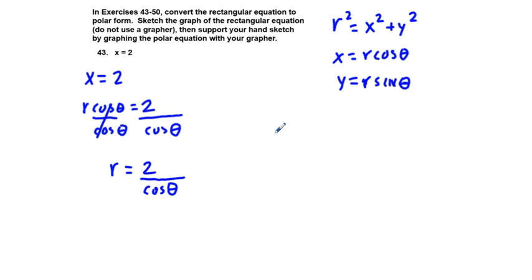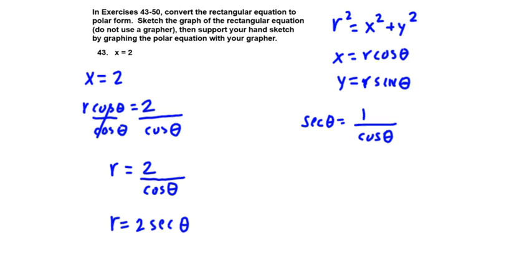Now, secant theta is equal to 1 over cosine theta, so we can rewrite this equation yet again as r equals 2 secant theta.